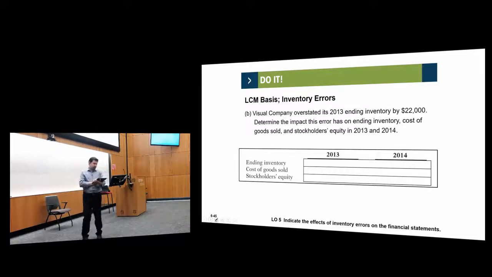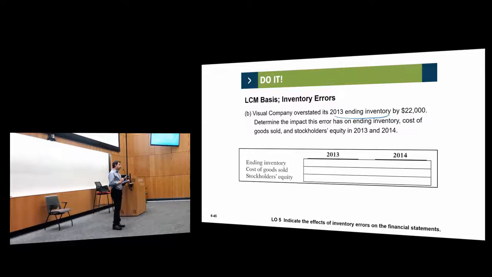Okay? Here, for example, you have ending inventory that was overstated in 2013 by 22,000. So 2013 ending inventory was overstated by 22,000.